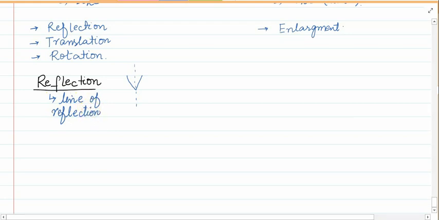What is the property of the line of reflection? With respect to the line of reflection, the object on the left side and the image on the right side must be equal, as you can see in the example, right?